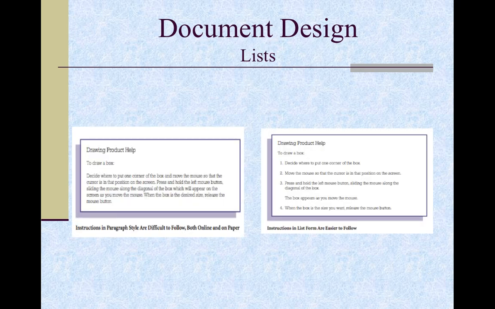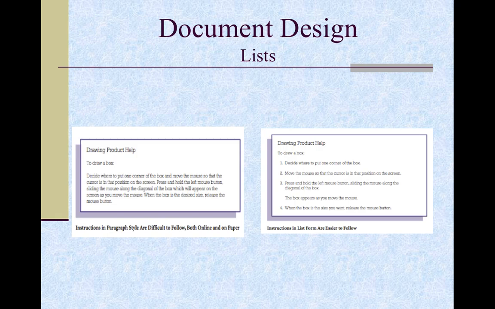Here's an example of a short paragraph that is so much easier to read when it is in list form. So here we have a set of instructions on drawing product help. It has a brief lead-in. The paragraph has a brief introductory phrase, to draw a box, and then it's all in paragraph form.